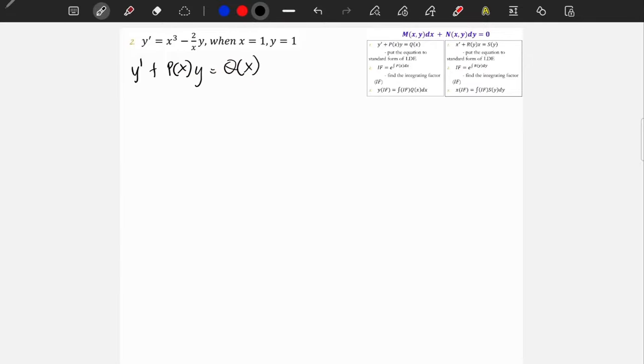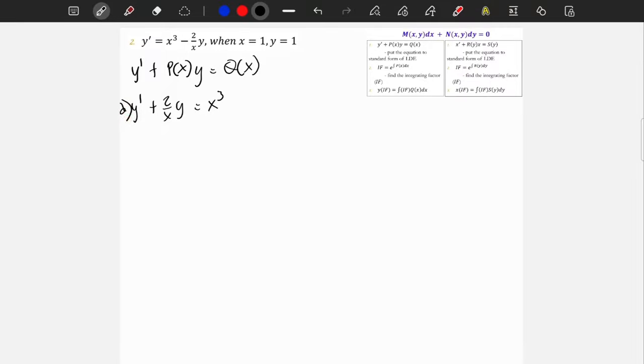The left side must have the y prime and the function of x times y. So we have to transpose this negative 2 over x times y to the left side. If we do that, the negative 2 over x times y becomes positive, equals x cubed. Now the DE is already in standard form linear in y.